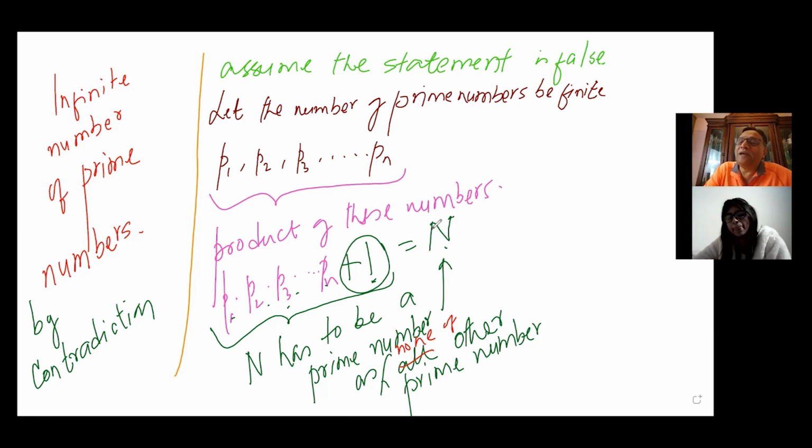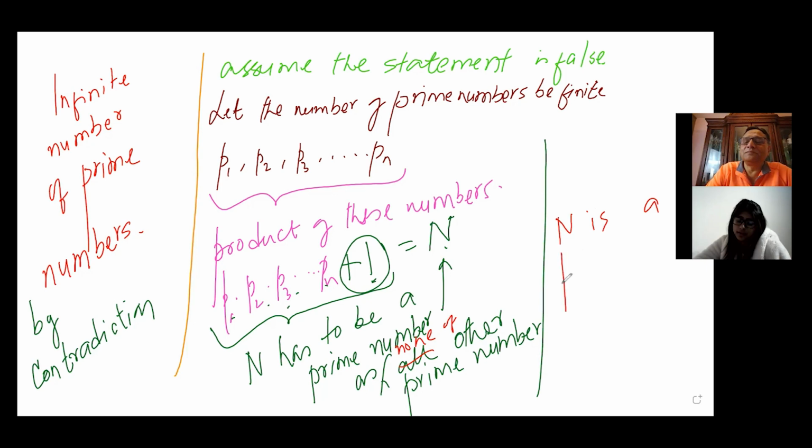But if n is a composite number, then one of them should have been a factor, right? Because of the plus 1, there will always be a remainder of 1. So that means n itself is a prime number.